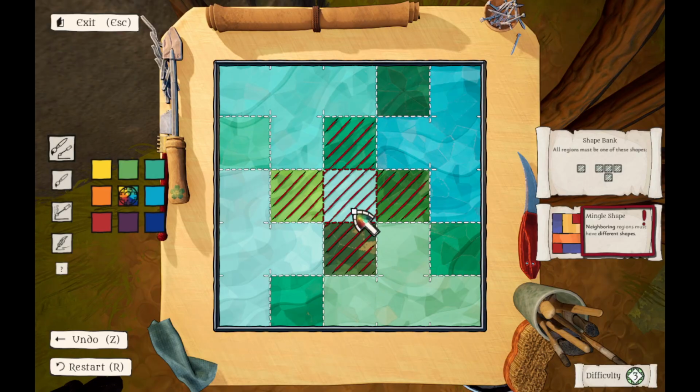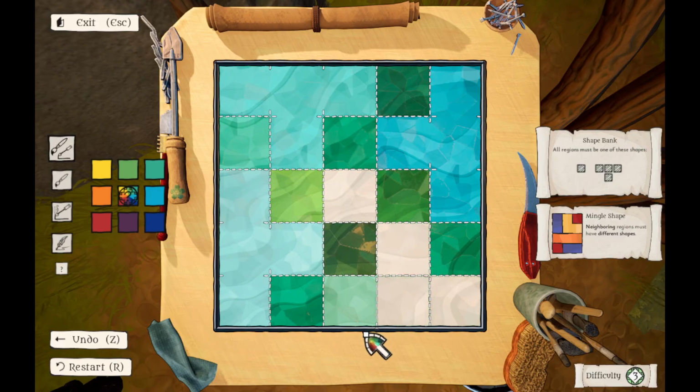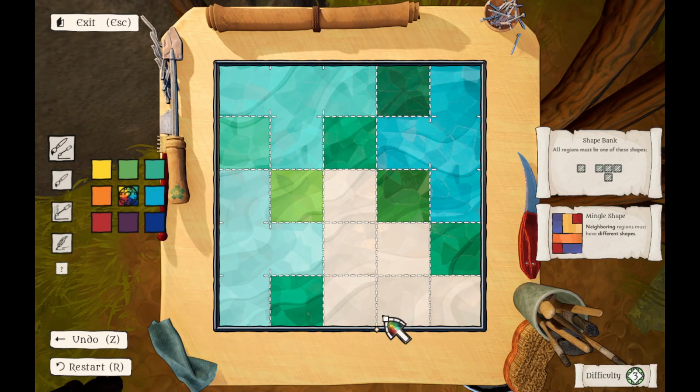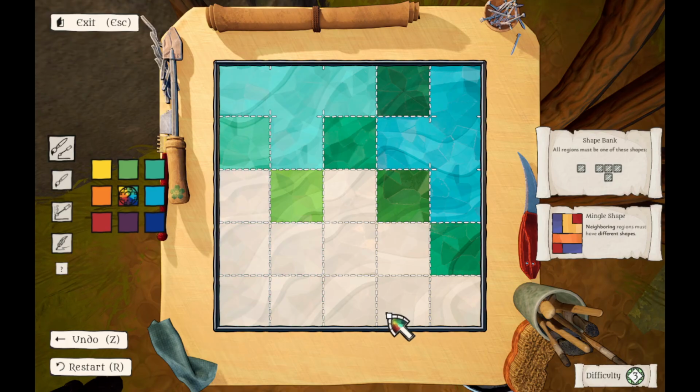Okay. Oh dear, getting too overconfident on that. If I put T in the corner, then I have to surround it by those.